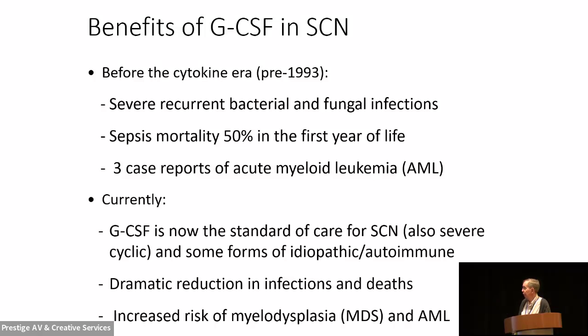And currently, it's the standard of care for severe congenital neutropenia, forms of cyclic, and other forms of idiopathic and autoimmune. And it's had a dramatic reduction in infections and deaths. There are issues to GCSF, but those of us who remember the pre-GCSF era are very, very thankful for it.